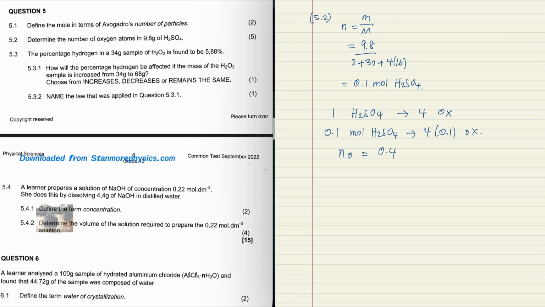Now I can calculate the number of atoms, using the formula n is equal to capital N over Na. 0.4 is equal to capital N over 6.02 times 10 to the 23. You can now cross multiply. N is equal to 2.408 times 10 to the 23 atoms of oxygen.